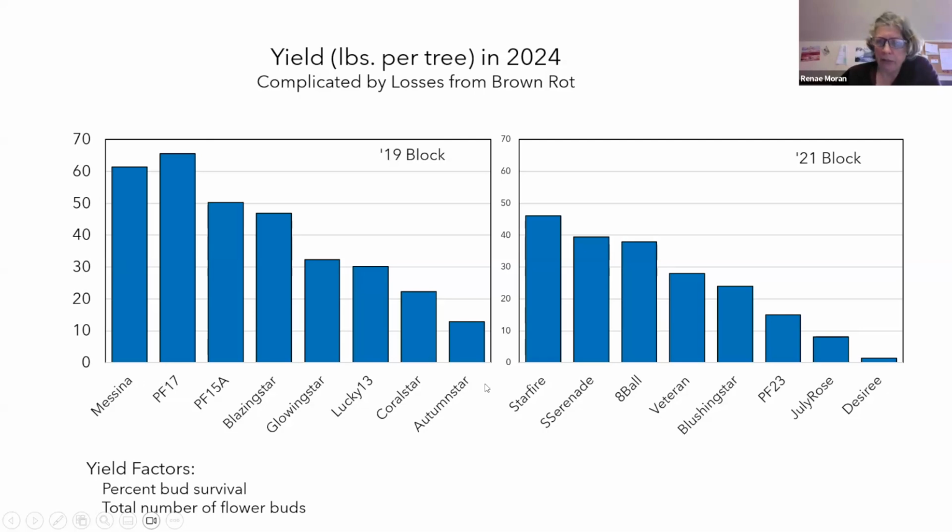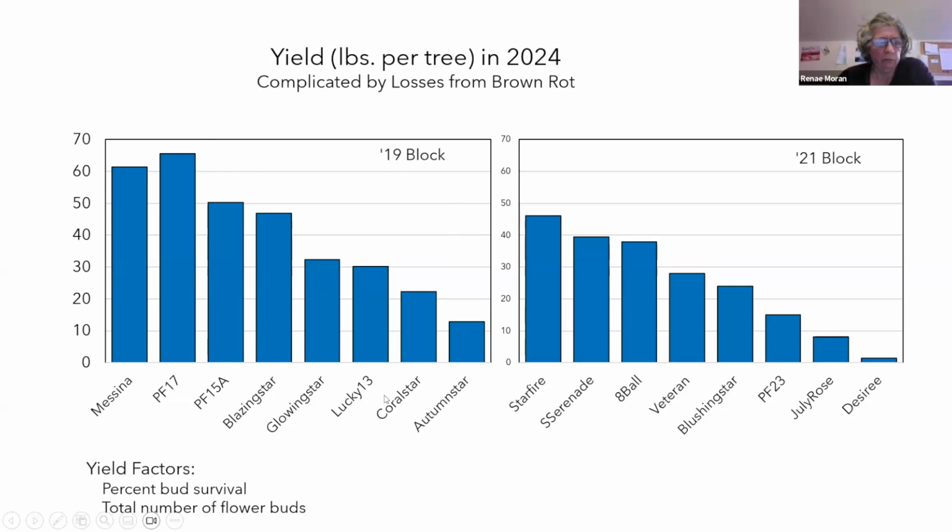The yield measurements last year were complicated by the large amount of brown rot, so I wasn't able to harvest all the fruit. So I simply estimated the percent that were lost to brown rot and added that to the harvested yield. And so these represent total yield in these varieties.